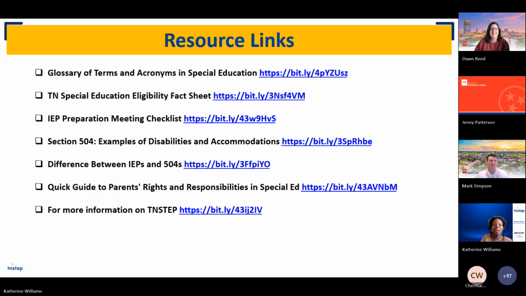Okay. So these are some resource links, and you can find them on our website. I would definitely recommend all of them, actually. But one that you may find helpful is the one for difference between IEPs and 504 plans.